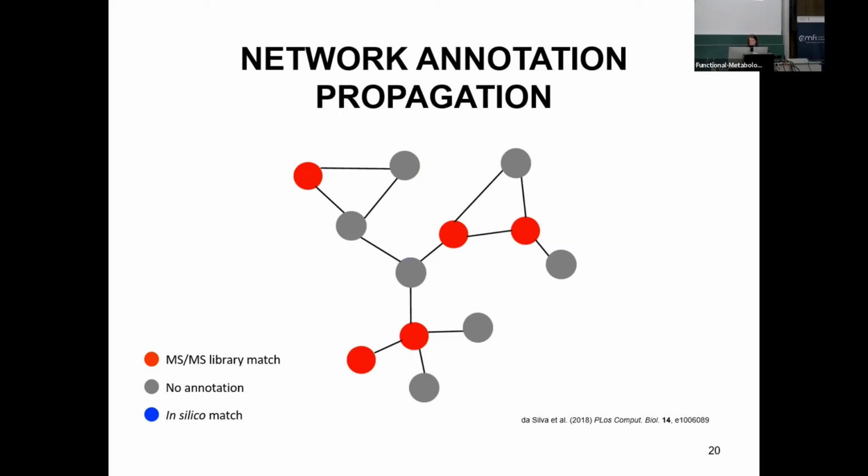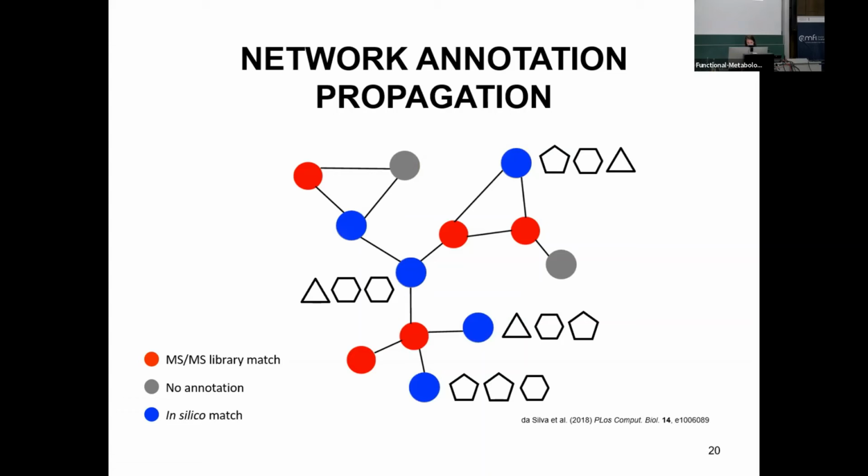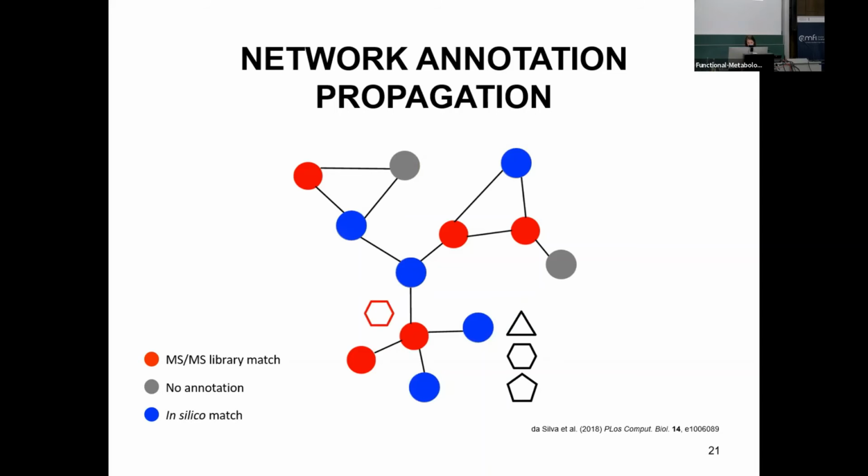So if you imagine you have one molecular family here, the red ones would be the MS/MS library matches, and the blue ones would be in silico matches. If you have these three structures predicted in silico, it will compare those to what you retrieve from the MS/MS library matches, for example in GNPS, and then it will re-rank your in silico structures based on the most similar structures to the GNPS library match.